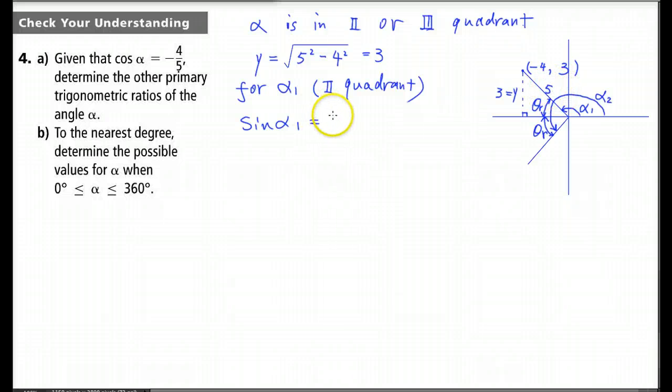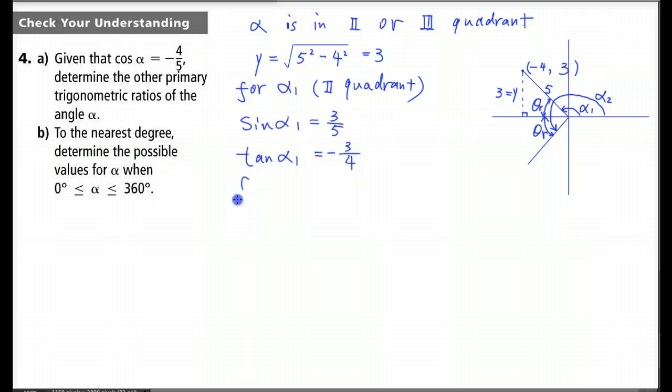So it's positive, y equals positive 3, so it equals 3 over 5. And then tangent alpha 1 equals opposite, which is 3, over adjacent, which is negative 4, so we get negative 3/4.